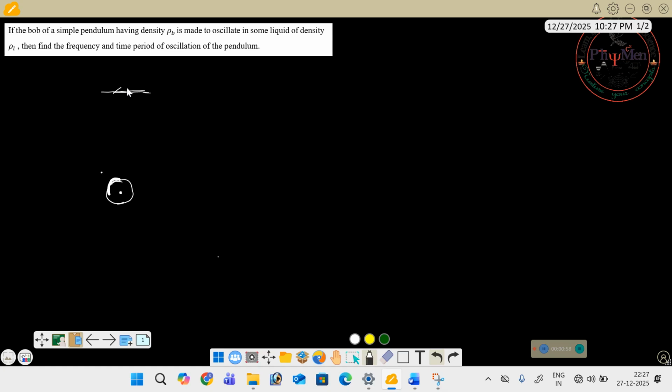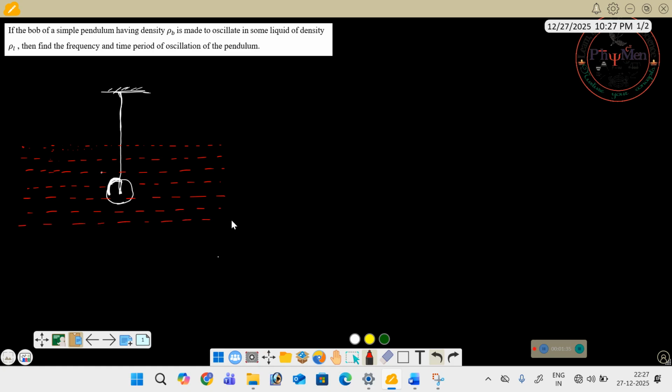It is suspended by a string of length L. Okay, and now this bob or pendulum is dipped in a liquid of density rho L, and then it is made to oscillate inside the liquid. So density of the liquid is rho L.